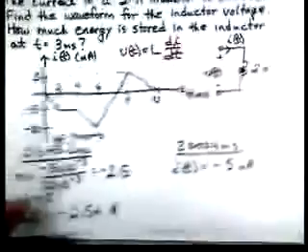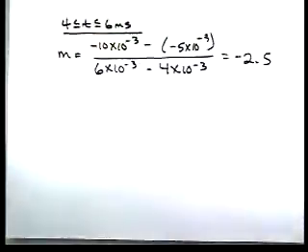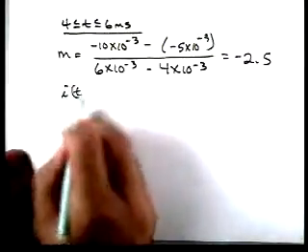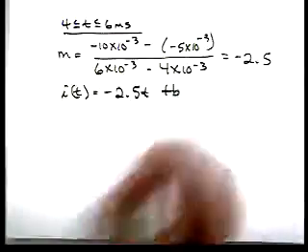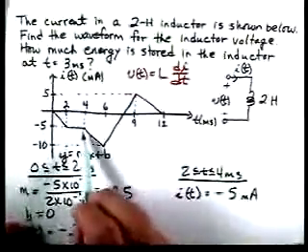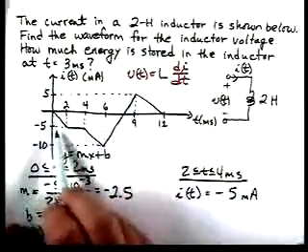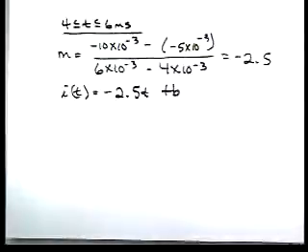So that's minus 2.5 for the slope. Now we need to find the y-intercept. Our expression for the current so far is minus 2.5 t plus b, and we can pick a point on here. For instance, we know at t equals 4 milliseconds the current has a value of minus 5 milliamps.